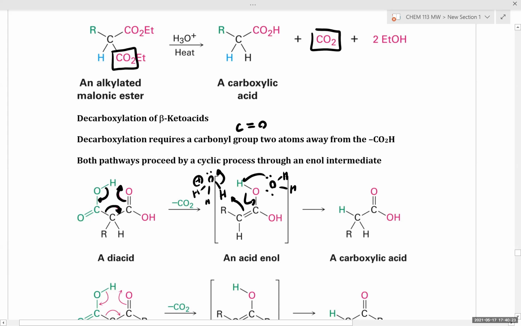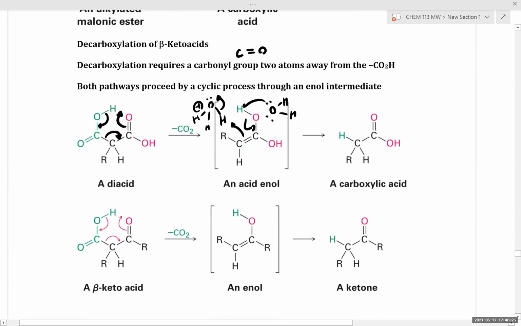Does this mechanism for the decarboxylation of a diacid make sense? It's a concerted reaction where we abstract a proton from our carboxylic acid, we form a carbon-oxygen double bond, and we break our carbon-carbon bond to lose carbon dioxide and generate your carboxylic acid enol. From there, the enol tautomerizes to the corresponding carboxylic acid keto form.